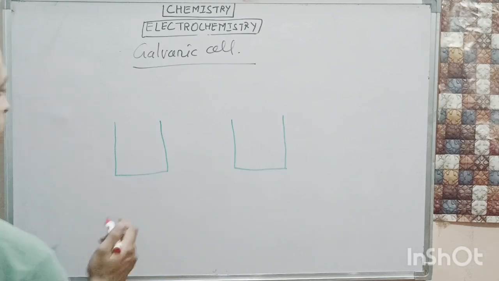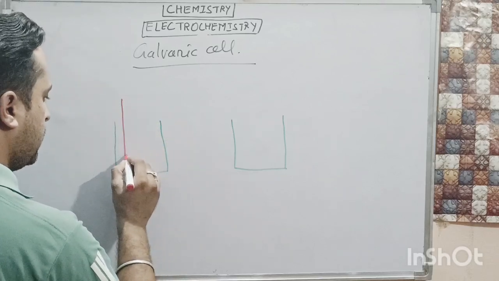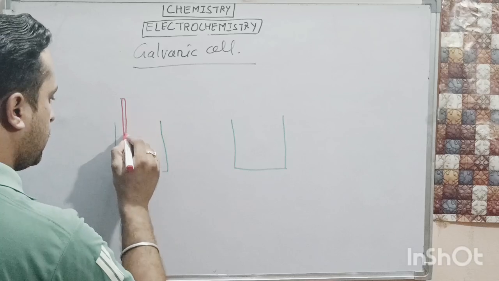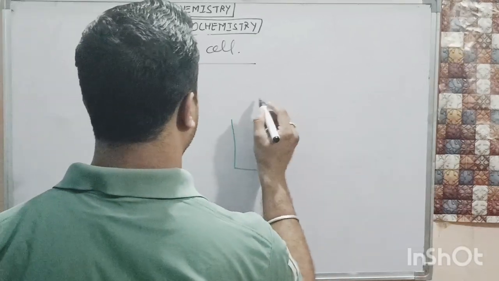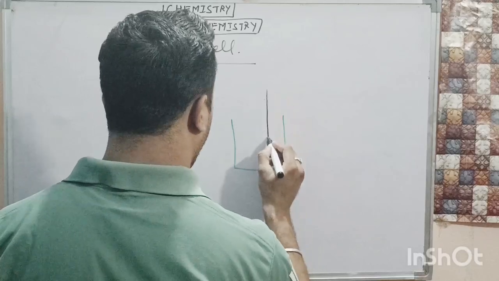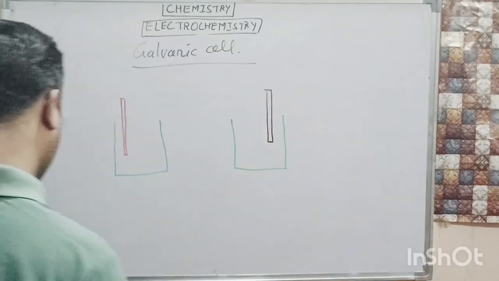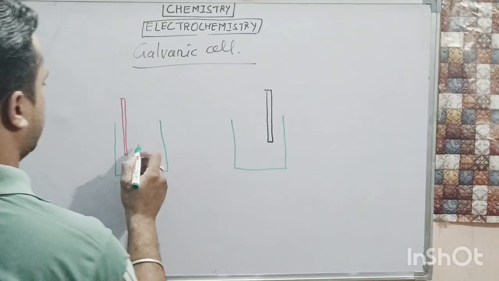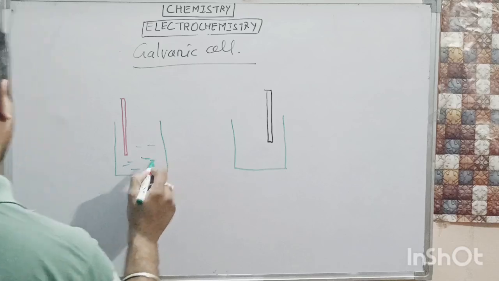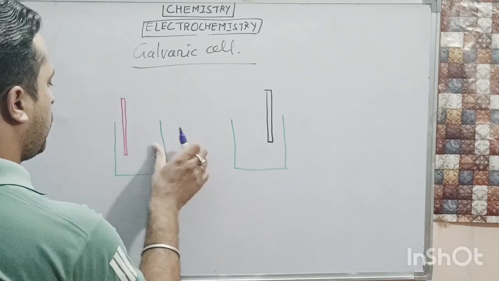In the two beakers we have taken a rod of zinc, and we are taking a rod of copper. ठीक है, then we are going to have the solution of copper sulfate.